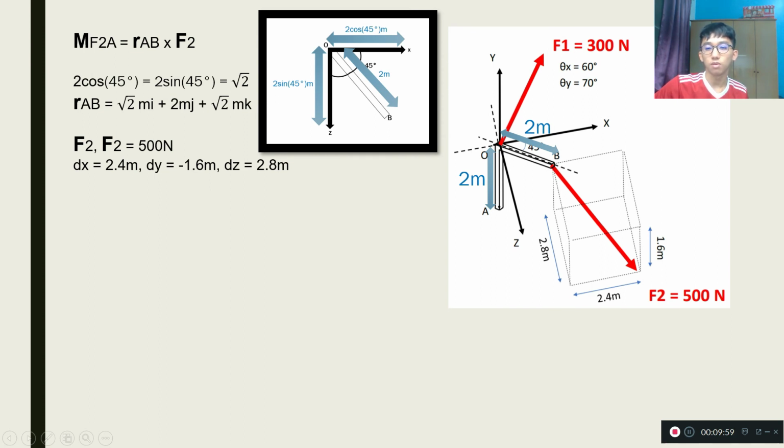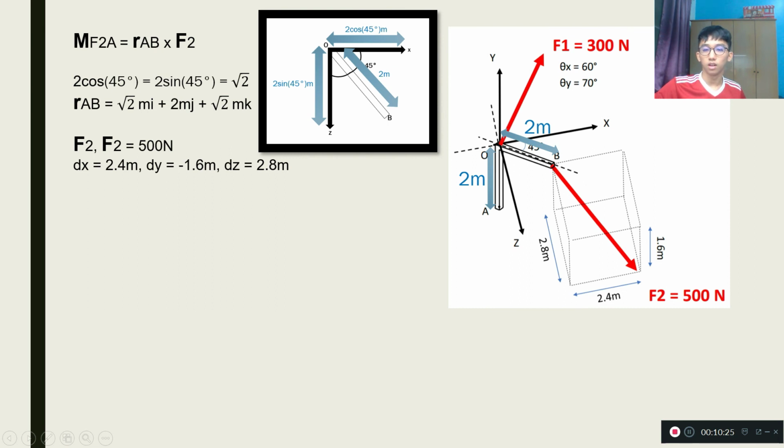And 1.6 is dy because it is parallel to our y-axis. We can clearly see that F2 is moved downward along the y-axis, so our dy will have a negative sign here. And 2.8 m is parallel to the z-axis, so it is our dz.